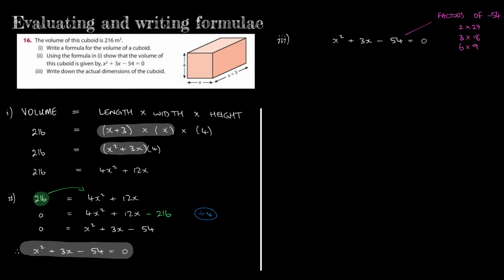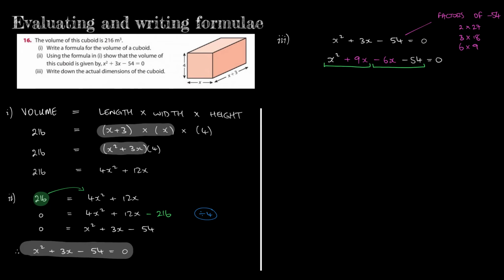So, in order to make a positive 3, I can't use 2 and 27 because that will make 29 or else 25. If I use 3 and 18, I can make the number 21 or else I can make the number 15. If I use 6 and 9, I can make 3 and I can make 15. So in this case, I want to make 3, so I can use 6 and 9. And I'll just put them in there so you can see.